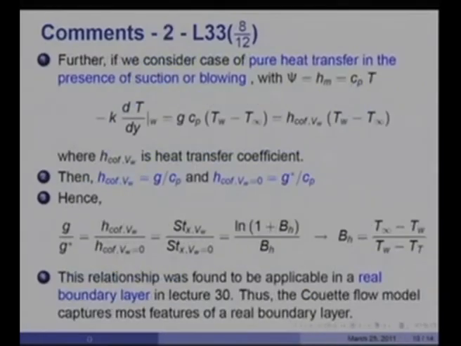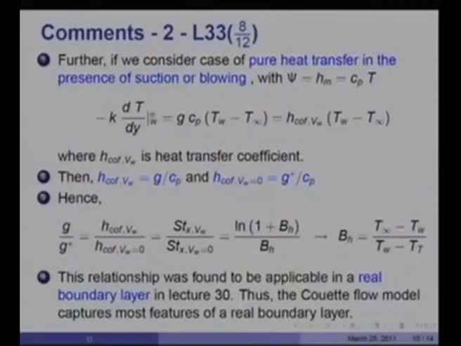Now, if we consider the case of pure heat transfer in the presence of suction and blowing, something we have solved by the similarity method, then with psi equal to Hm equal to Cp t, because it is an inert situation, just a considered phase as air flowing over it, and suction and blown fluid is the same as the fluid in the considered phase.